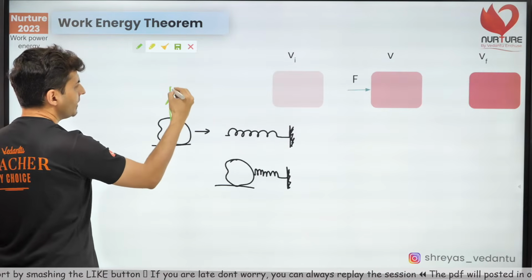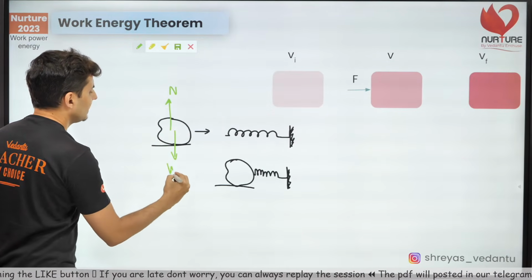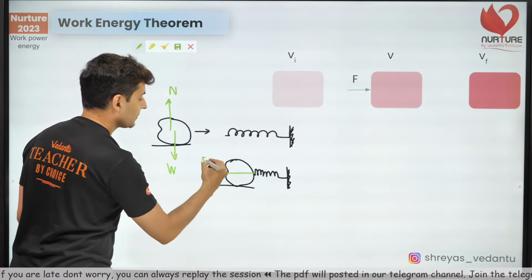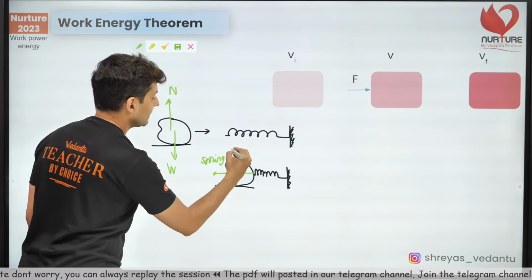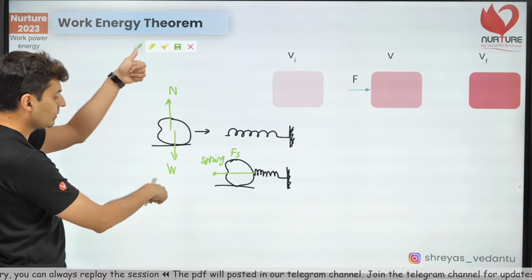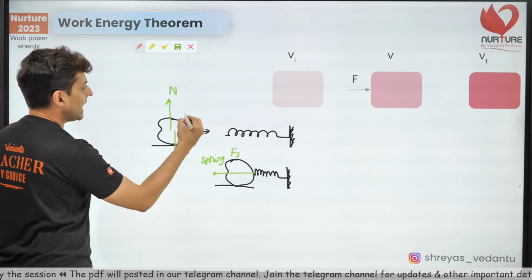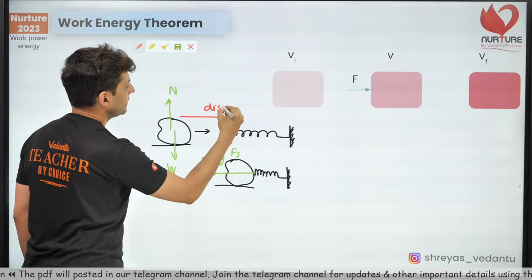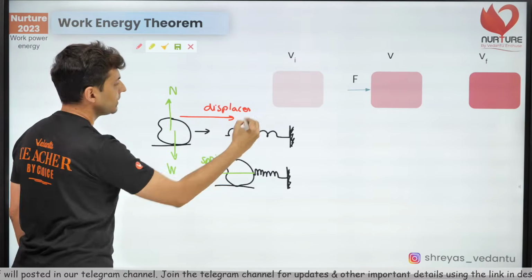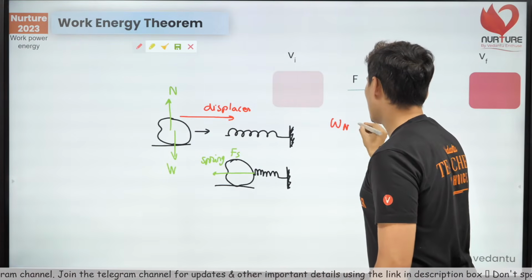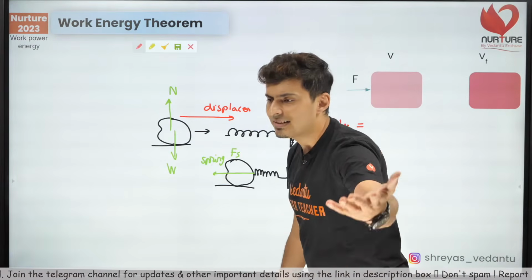One is normal force, other is weight, and when it hits the spring, there is also the spring force. I will call it Fs, apart from normal and weight. Now, as it displaces over here, if I ask you, what is the work done by normal force? What will your answer be?